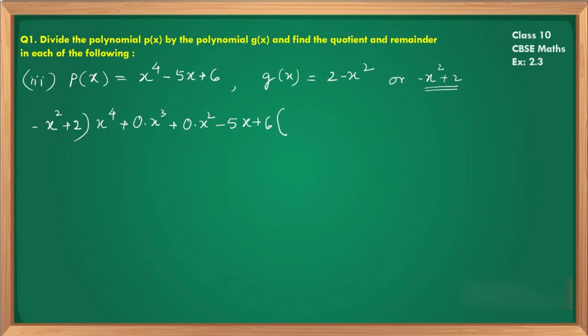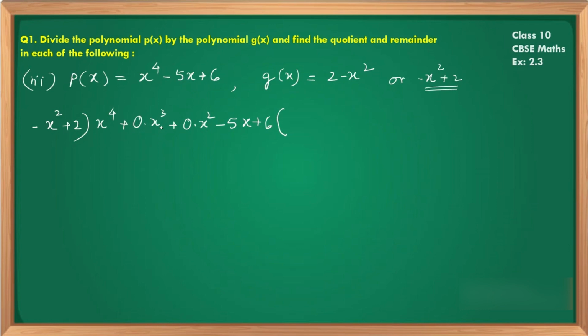This is the rewritten form of gx. Now gx is the divisor, and you are going to divide the whole thing by that. What we have introduced is x to the power 3 and x to the power 2 by multiplying with 0 so that the value doesn't alter.